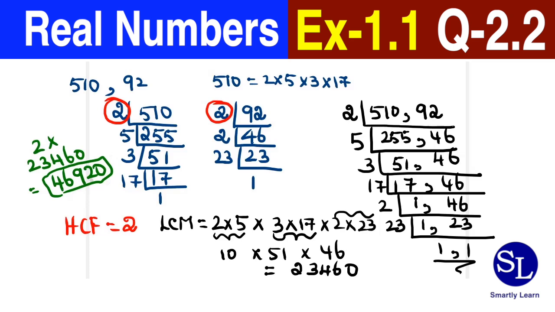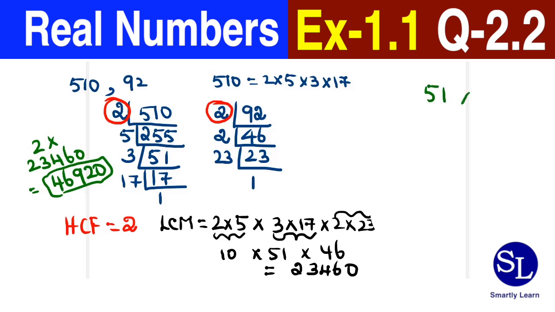Now let us compute the product of the two numbers. So I have to multiply 510 with 92. So I'm going to multiply 51 with 92 and then I can append a 0 at the end. So 51 into 92. So 2 ones are 2, 2 fives are 10.